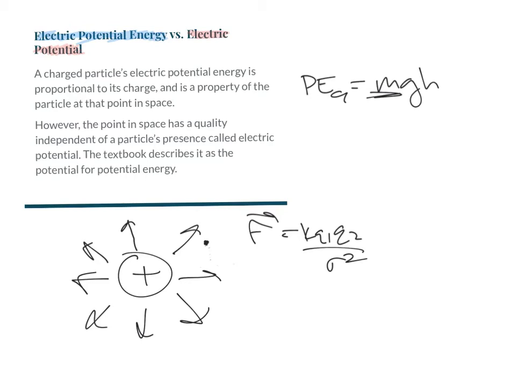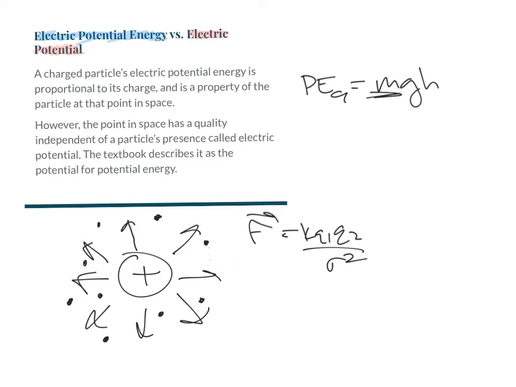If we stuck a particle there, it would have potential energy. Mathematically, all it is is taking that potential energy and dividing it by Q, so that the Q is irrelevant, just like we did with the difference between electric force and electric field. So electric potential is a scalar field that will tell you the ratio of potential energy to charge at any point. It is not dependent on a charge being there. It is a quality of the field.